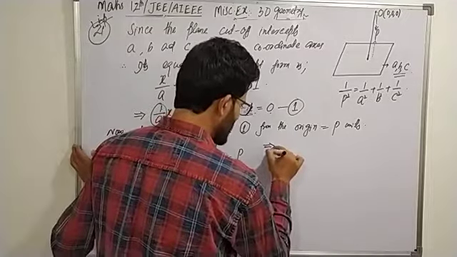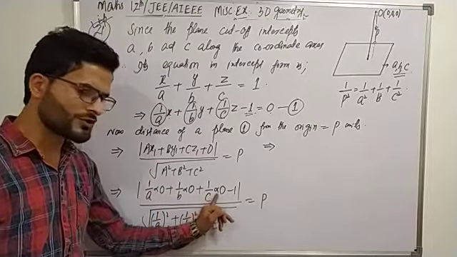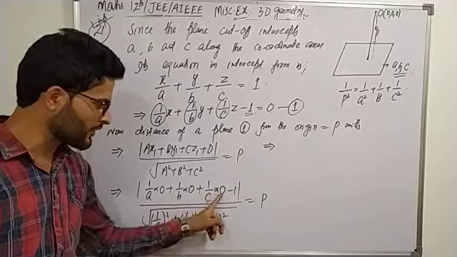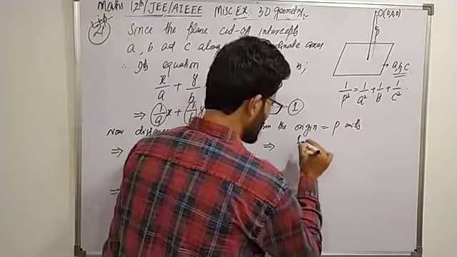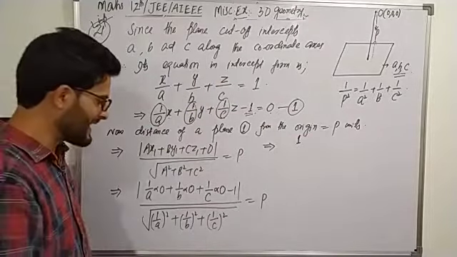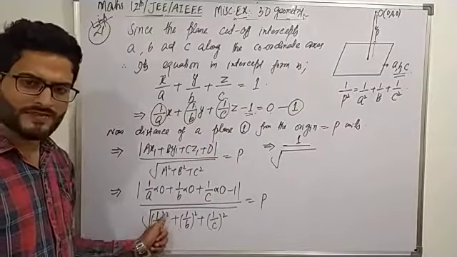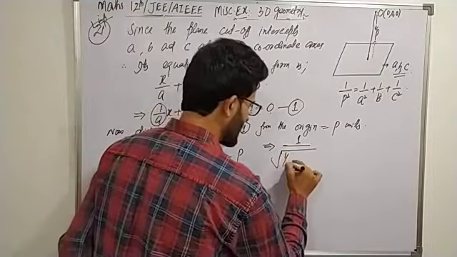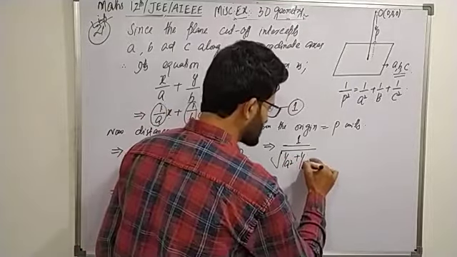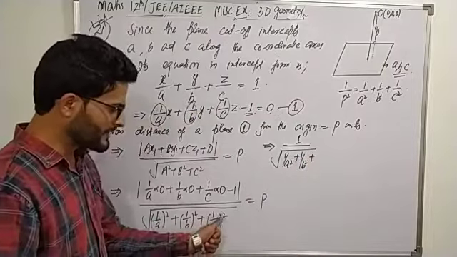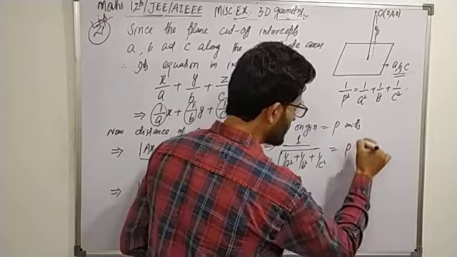So this can be written as 1 by a into 0, plus 1 by b into 0, plus 1 by c into 0, plus 0 plus 0, that's 0 into minus 1. Now mod of minus 1 will give us plus 1. क्योंकि mod में minus 1 है तो plus 1 आएगा, divided by square root of 1 by a square, plus 1 by b square, plus 1 by c square, and that must be equal to p.